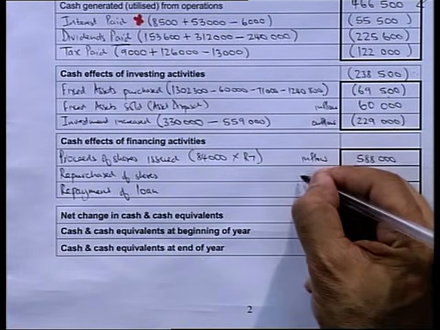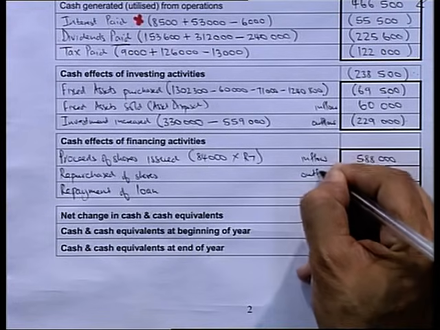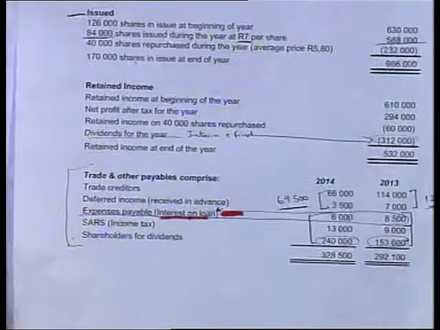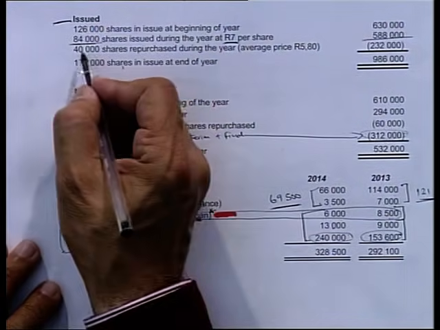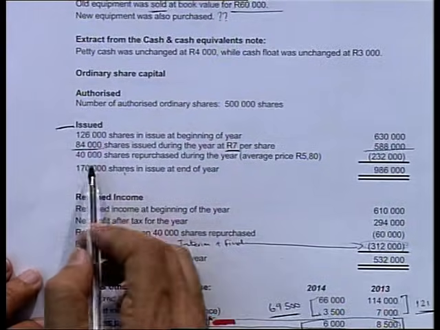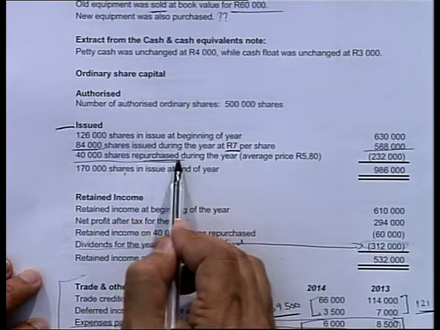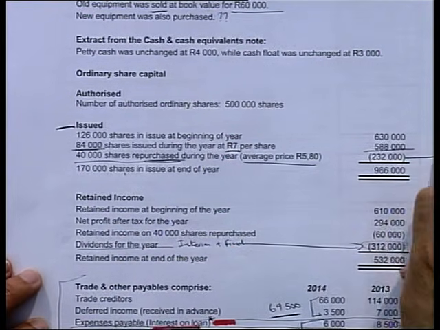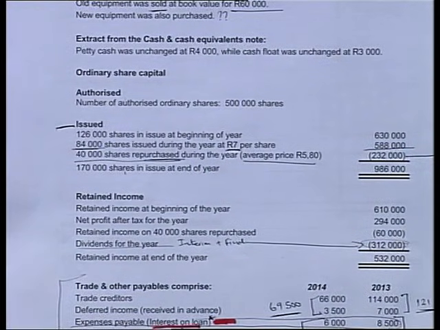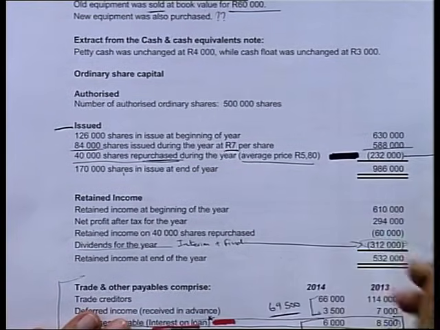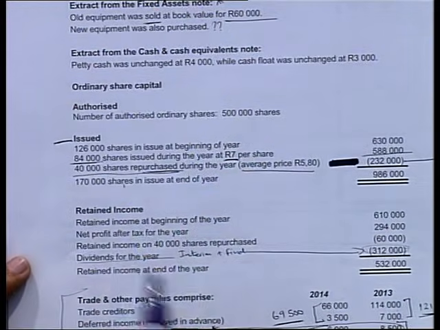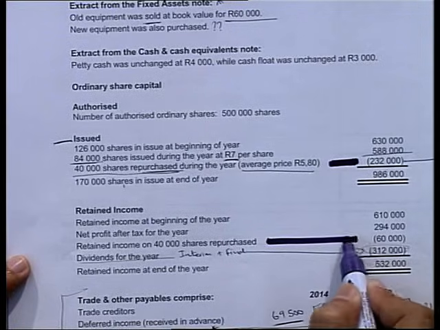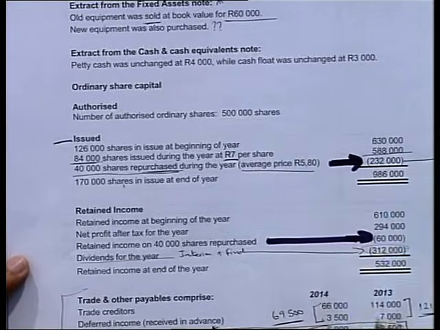Then the repurchase means that the company repurchased, so that will be an outflow. So now we have to look to see if there's anything that was repurchased. They mention in the additional information 40,000 was repurchased, but that was only the average. So we're going to use that figure. Just mark this. We're going to use that figure, and in the note for the retained income, we see there the 40,000, that one over there, so we're going to use those two figures.